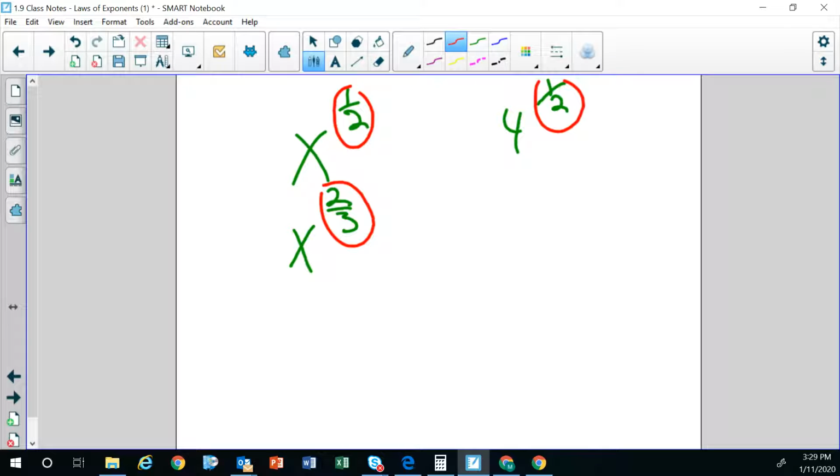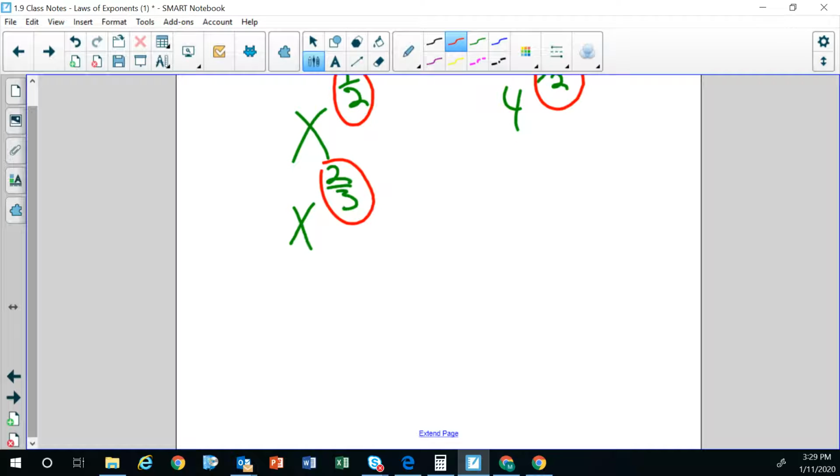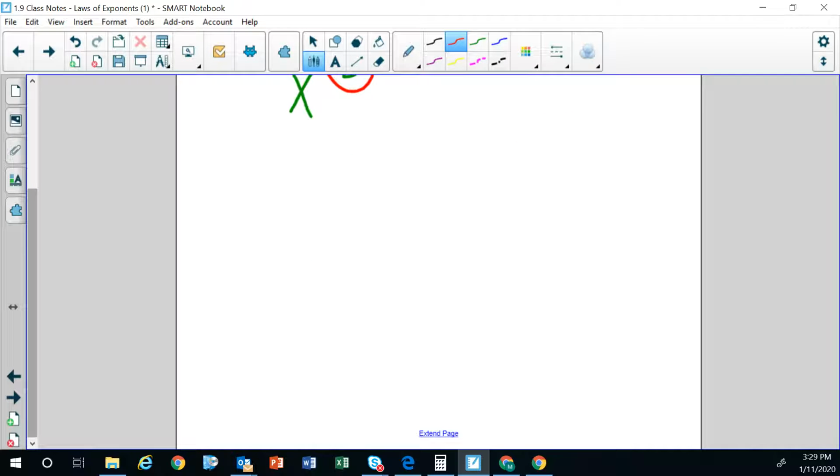So let's do a quick review. Remember when we multiply, x squared times x to the fourth, we just add the exponents, which gives me x to the sixth.